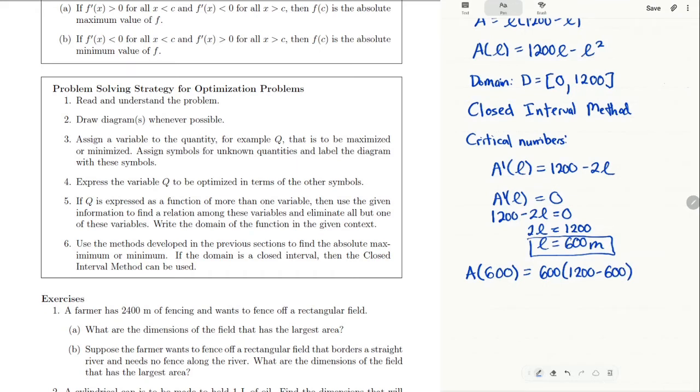So here we're substituting 600 for L into the area function, and we end up with 600 times 600, which is 360,000 square meters.